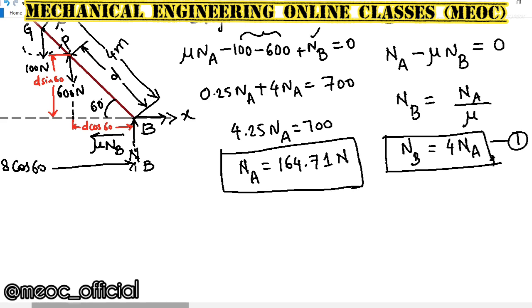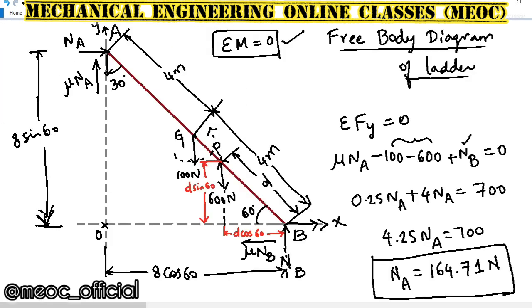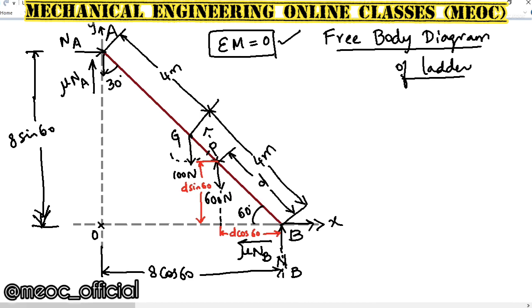So we have noted down all the distances. So let us apply sigma M equal to 0 to find d. Because I have calculated the d distance with respect to B, I want to find sigma M, the sum of moments of all forces about point B. That should be 0. So this is one of the equilibrium conditions.